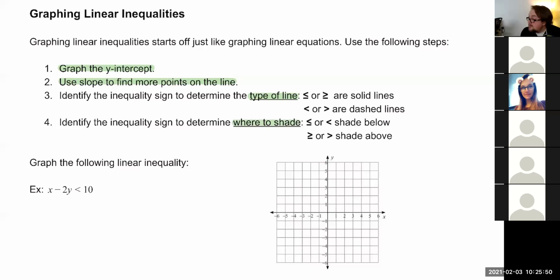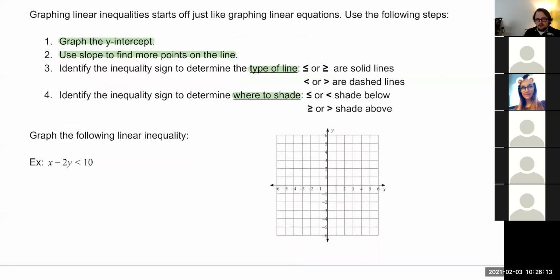Now it's a little bit more involved because we're not going to shade just to the left or just to the right, because now we have an extra dimension in there. We also have up and down now. So once you get your line in there, solid or dashed, depending on the sign, you're then going to choose whether to shade above it or below it.